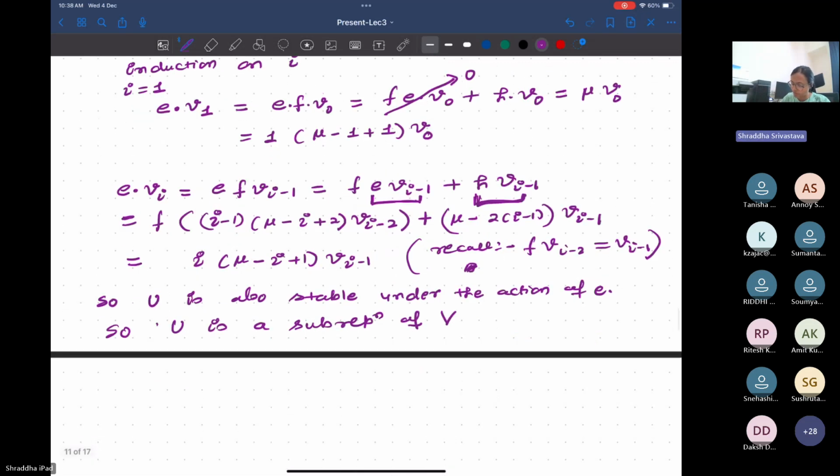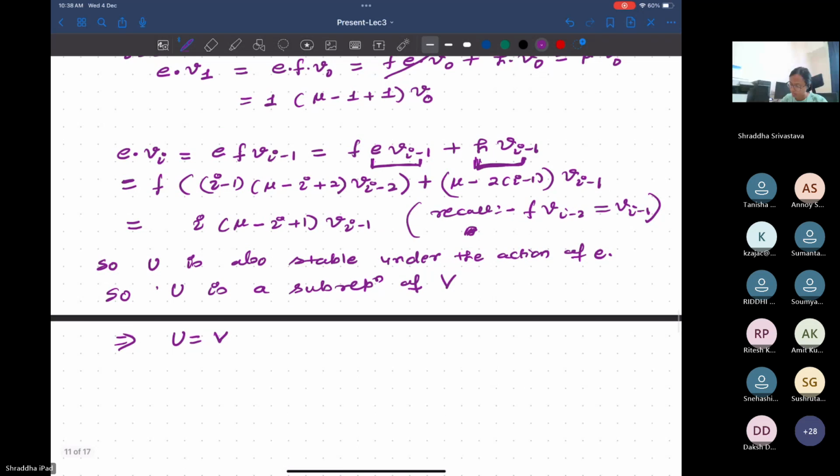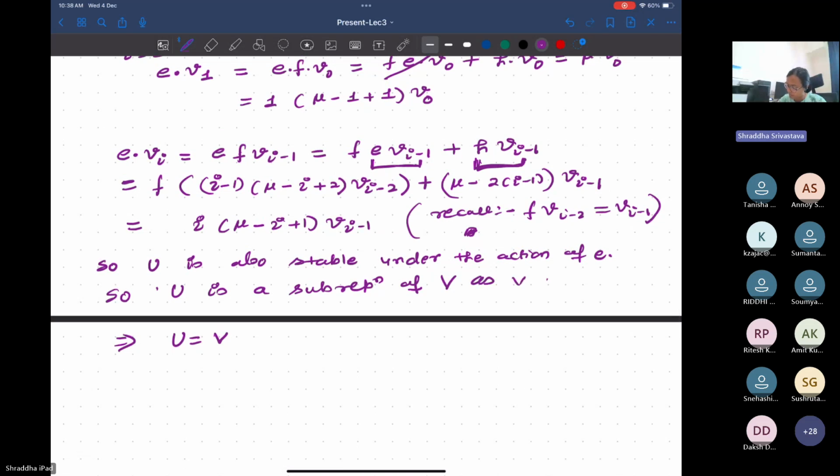But since V was irreducible, this implies that U must be V. So in fact, my V is nothing but the span of these vectors v0, v1, v2, up to v(n-1).